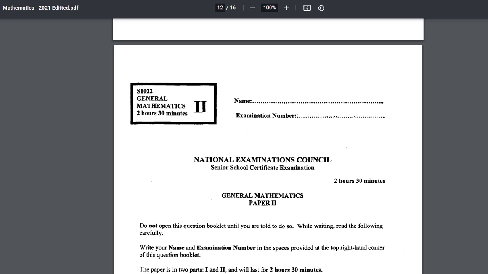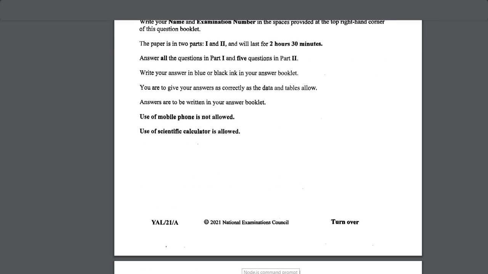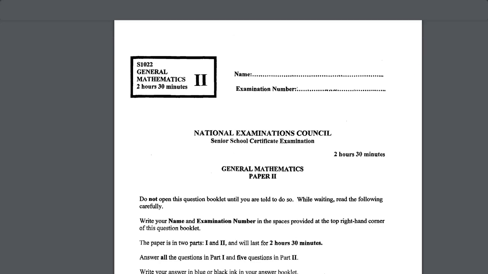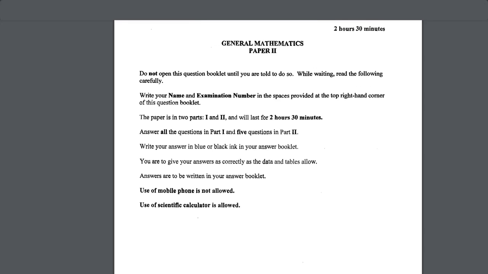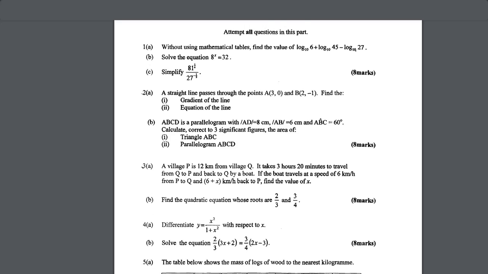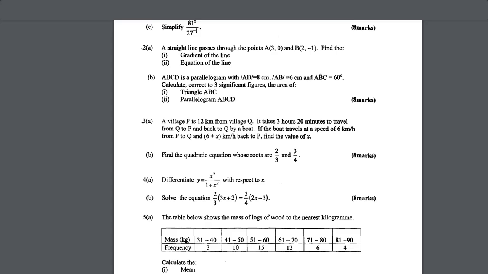Before we start solving it, this is a breakdown of the question. This is the question. You can see it's actually a live question, right? So this is the instruction. You can go through the instruction. Then we have the first 5 compulsory questions. Can you see it? Attempt all of this part.